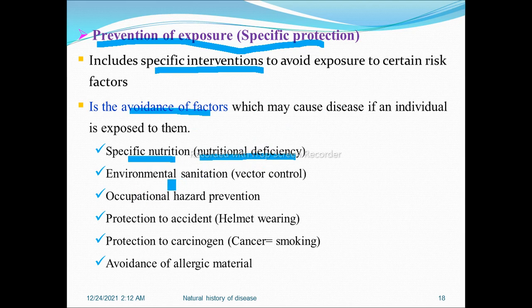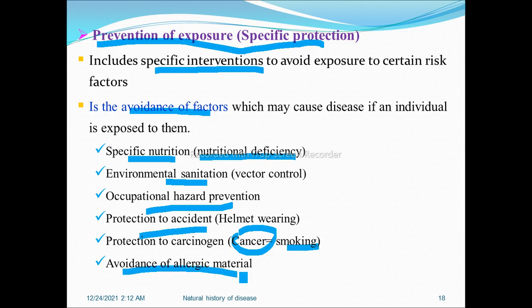The others are environmental sanitation, vector control, occupational hazard prevention, and protection from accidents. For instance, when you ride a motorbike, you wear a helmet to protect against head injury. If you are a smoker, to prevent cancer, you will stop smoking. Avoidance of allergic material. All these are prevention of exposure or specific protection. This is the second objective.